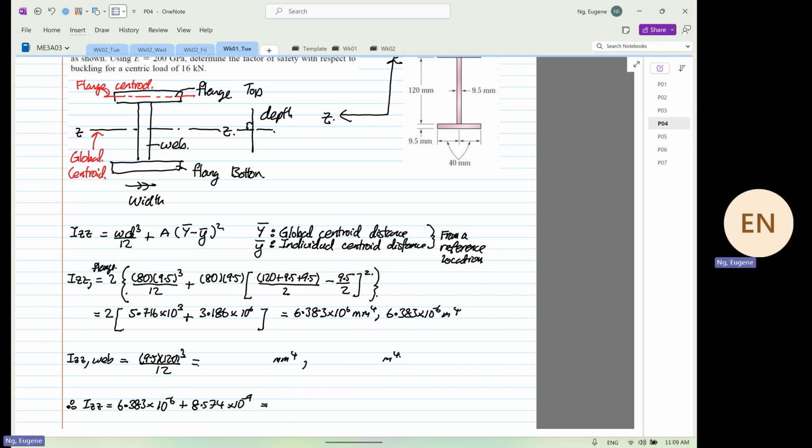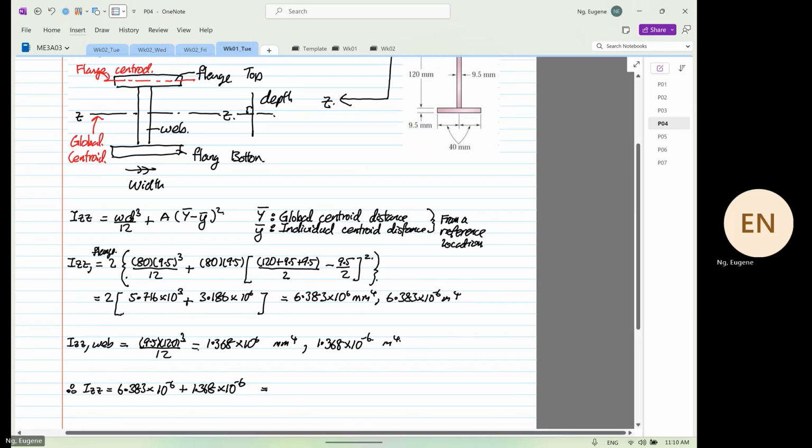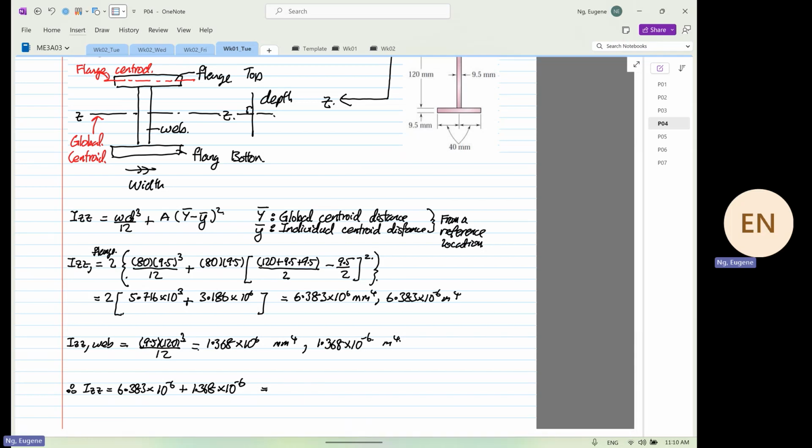It's 1.368. Can you change that, please? So this will be equal to 1.368. So 6.383 plus 1.368 is equal to 7.751.